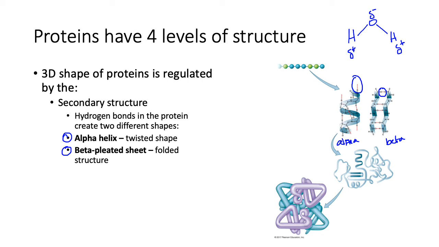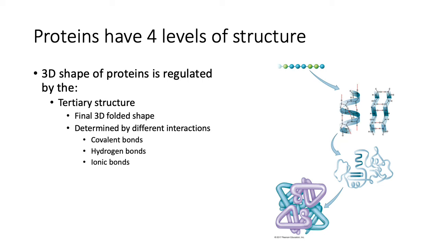From here then, we can enter tertiary structure. And the tertiary structure is shown in the third level here in this figure. And this is when the protein gains its final 3D shape. So again, all proteins have at least the tertiary structure. And this is determined, again, the amino acids are still interacting to create this, but now we can have lots of different interactions.